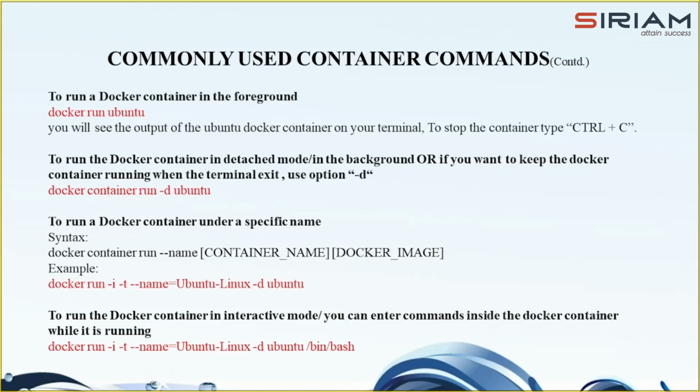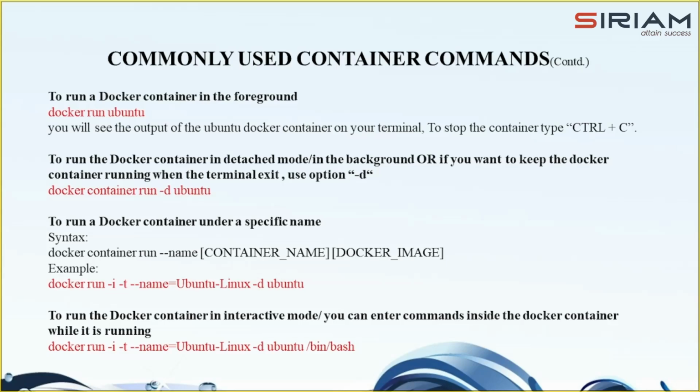In order to run a Docker container in interactive mode, you can use the -i and -t options along with the name of the image, right? You start a Docker container and allow interactive access for executing commands inside the container. So using docker run -i -t --name ubuntu-linux ubuntu /bin/bash, this is the command.